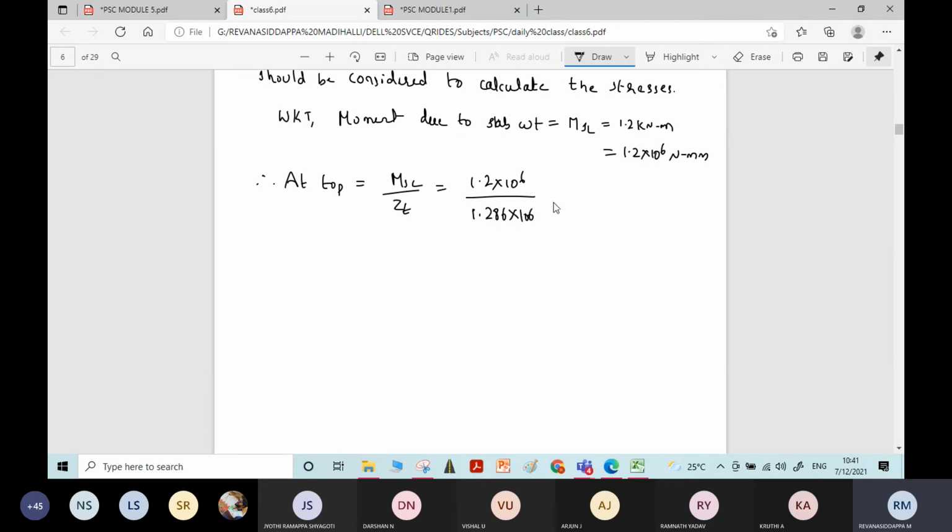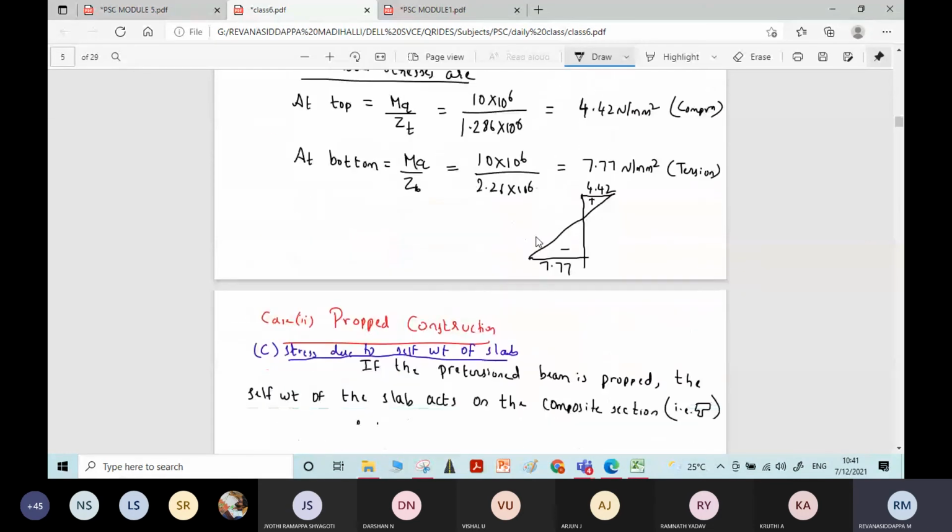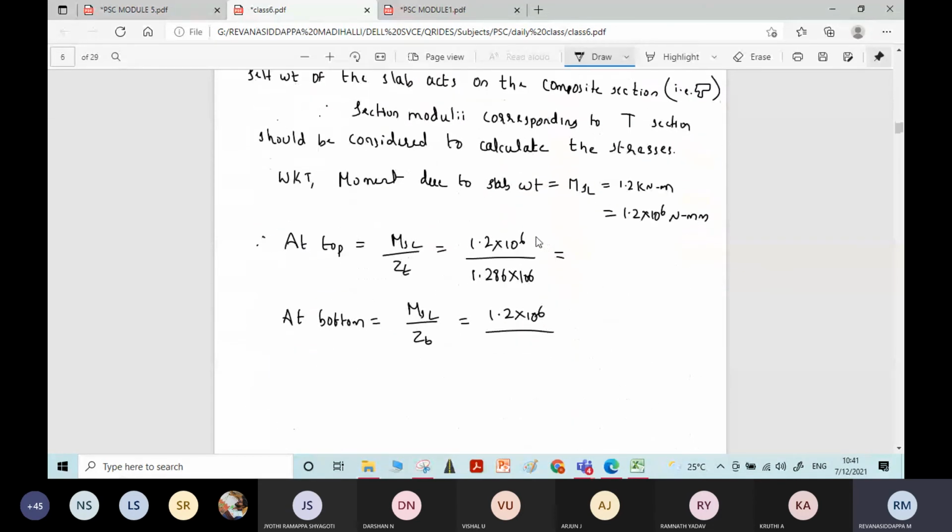At the bottom, stresses due to self weight of the slab, MSL divided by ZB, is 1.2 into 10 power 6 divided by 2.26 into 10 power 6.